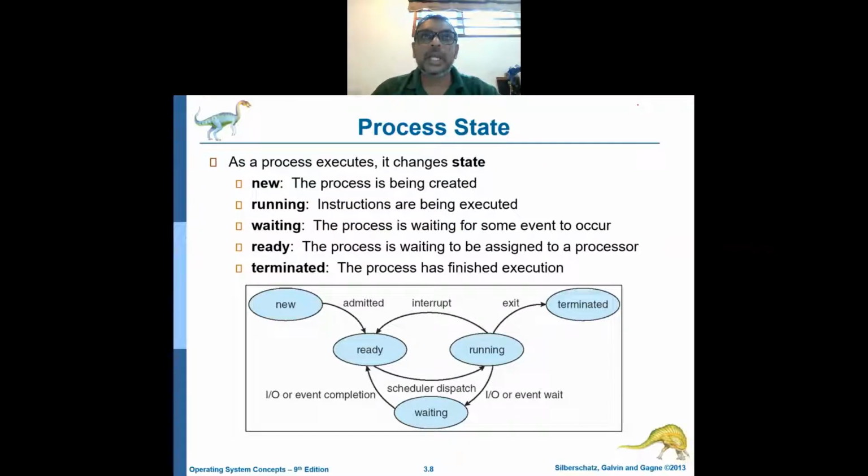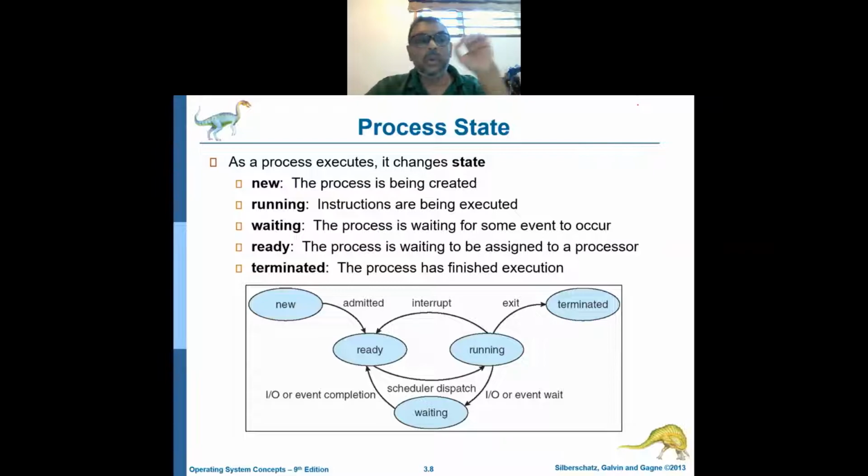The new state is inside your hard disk, or we say inside your secondary memory. The ready state is inside your RAM. The running state is inside your CPU. The terminate state is inside your hard disk. And the waiting state is inside the memory or RAM.